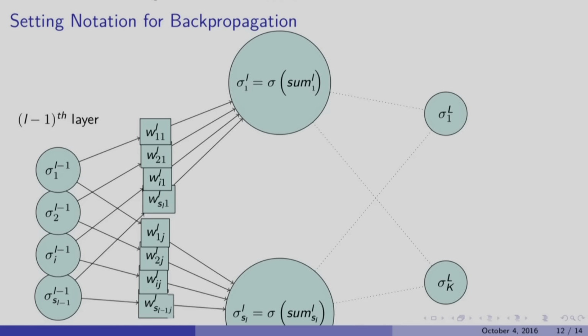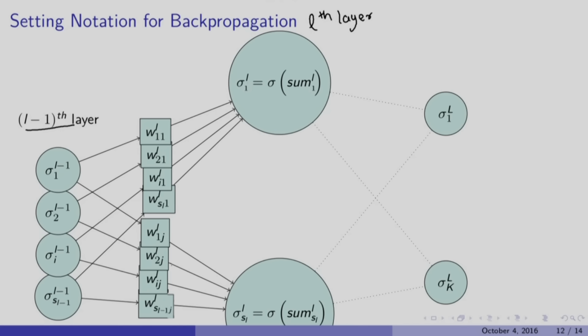We will denote the weights going from the L minus 1th layer of the network to the Lth layer of the network with the superscript L. So W^L_11 is the weight on the edge from the first perceptron in the L minus 1th layer to the first perceptron in the Lth layer.